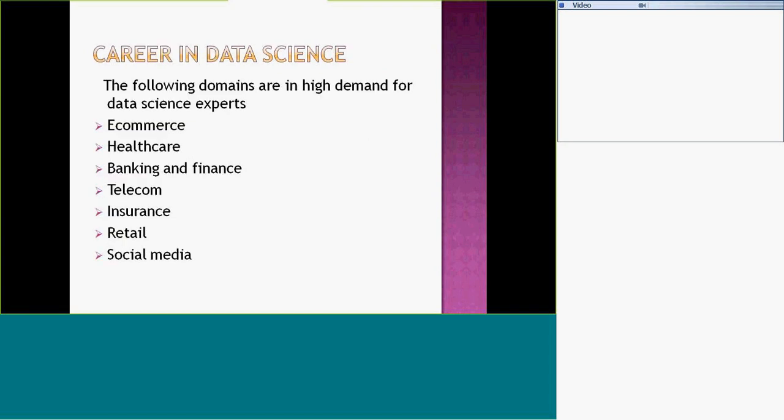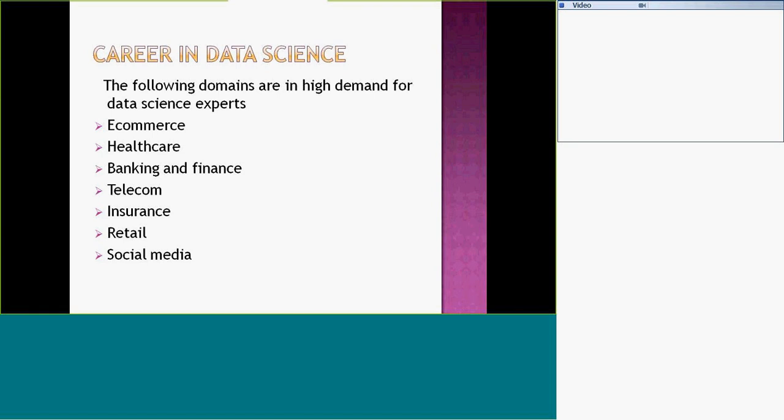Okay, so let's go ahead and check where you can see an opportunity in the market in data science or data analytics. Data analytics is mostly used in these domains. E-commerce, with companies like Flipkart and Snapdeal, is doing it.